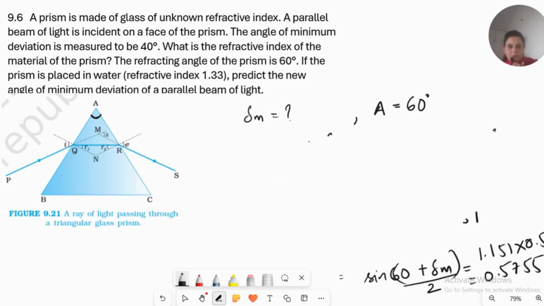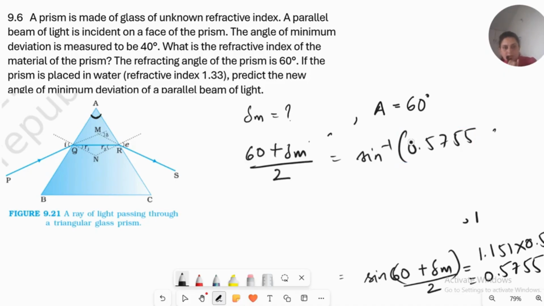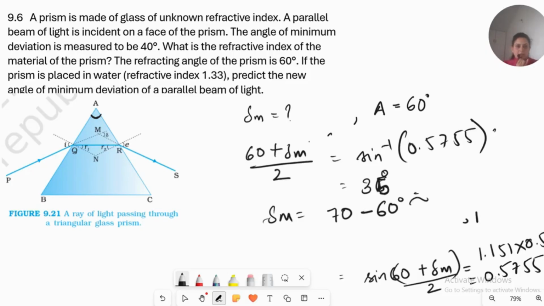So we need to take 60 degrees plus delta m divided by 2, equal to sine inverse of 0.5755. Suppose that this is nearly 35 degrees. So my delta m will come out to be 70 minus 60 degrees, nearly 10 degrees, which will be the angle of minimum deviation when the whole prism is put in water.